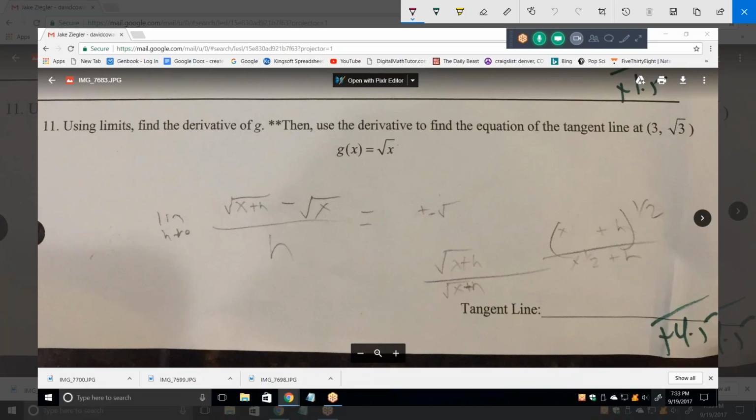Remember the technique you use for solving these when you have radical signs? You multiply the top and the bottom by the conjugate. You can multiply that thing by 1 without changing it. Here's what my 1 is going to be. The conjugate.